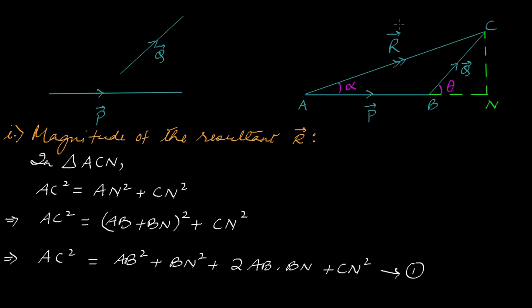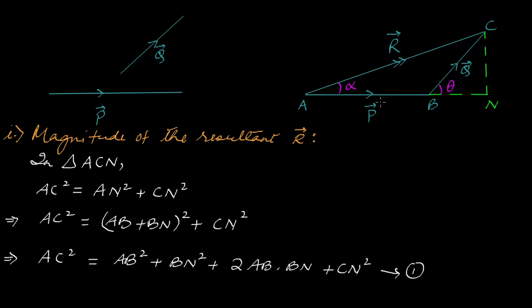Here the direction of R is always relative to the first vector, and it is determined by this angle alpha. If you know the angle alpha, then you would know the direction of R, because R is making an angle alpha with the direction of P, and P here is along the x-axis.